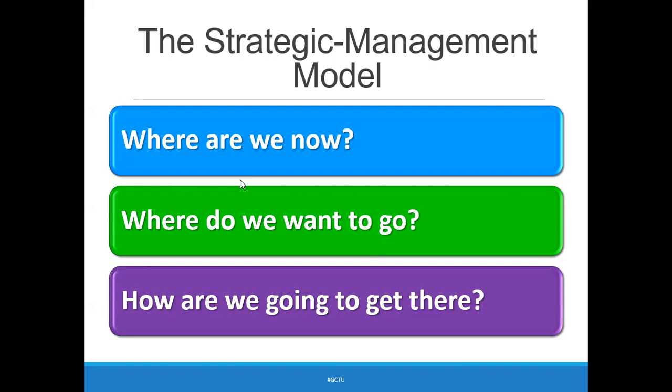Where do we want to go? The answer to this question will help you to forge a realistic and clear vision for your organization. How are we going to get there?